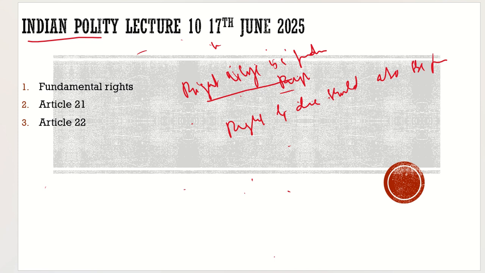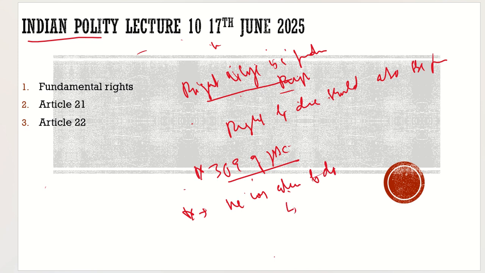With respect to this, we had Section 309 of the IPC. Under Section 309 of the IPC, if a person in our country attempts suicide, it is criminal in nature.